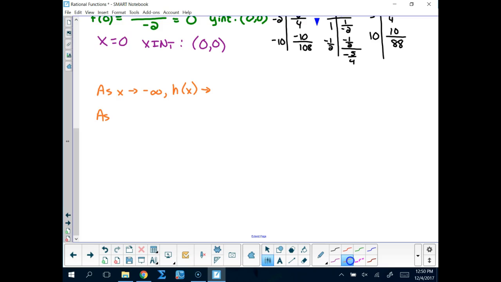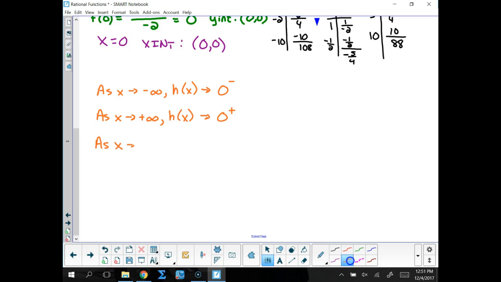As we're going to negative infinity? Oh, negative infinity, sorry. 0 from below. I know I mixed it up. I went negative first. Positive infinity, what's h of x going to? 0 from above.